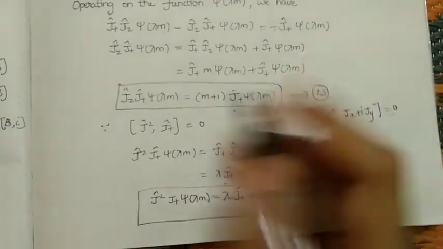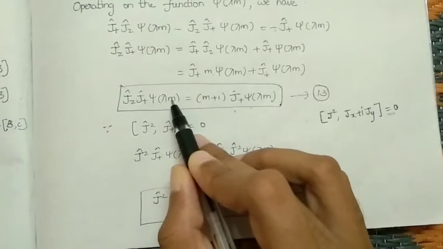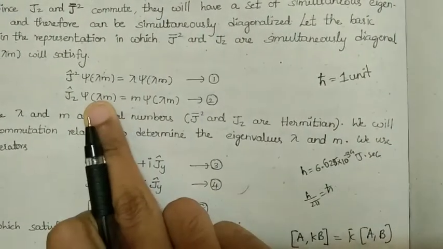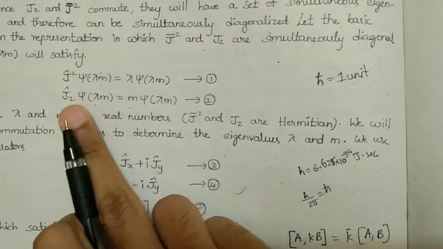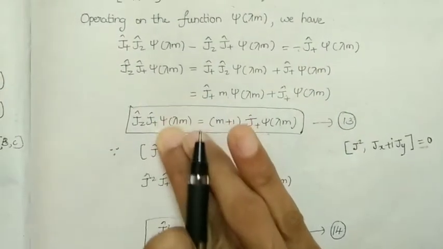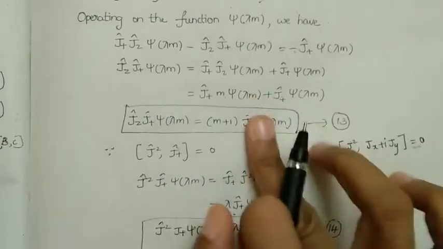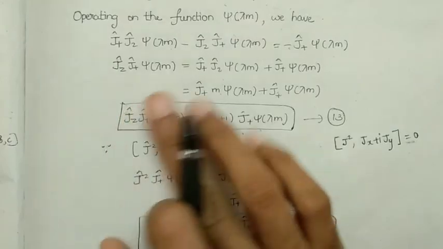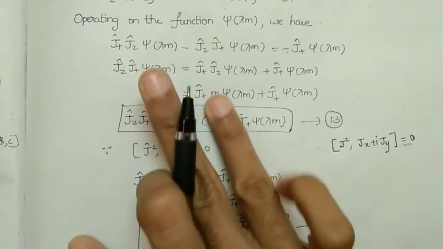So in addition to xi of lambda m, from this equation, what does this equation tell us? Xi of lambda m is an eigenfunction of this operator with eigenvalue m. And what this equation tells us is that j plus xi of lambda m is an eigenfunction of the jz operator with eigenvalue m plus 1.